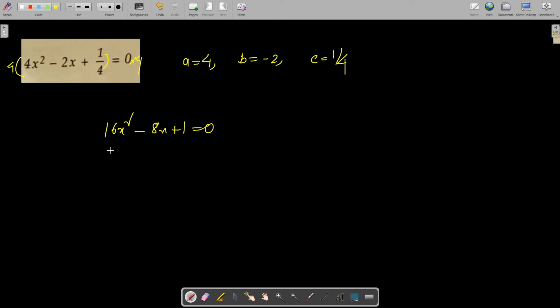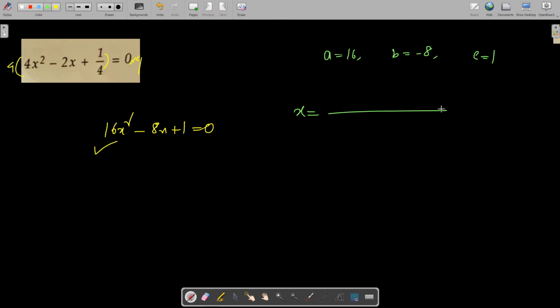So let's try this question using this method. So what will be our new a? I'll erase this so it will not create confusion. So the new a we have is 16, b we have is minus 8, c is 1. What was the formula? x equals minus b plus minus root over b square minus 4ac divided by 2a. So we'll simply put the values over here.